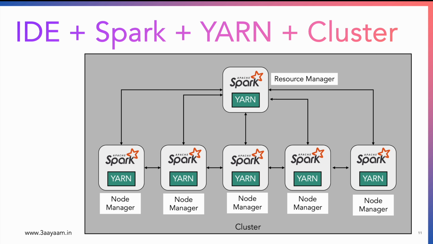And if you're using a local machine, we do not need Yarn. We'll use Spark's standalone resource manager, which we'll talk about later on. So this is the cluster plus Yarn plus Spark.